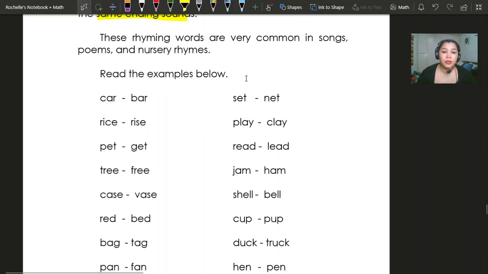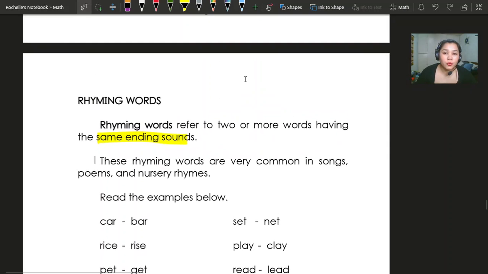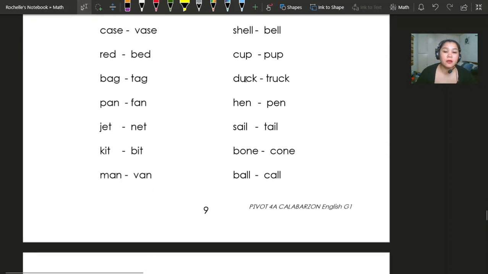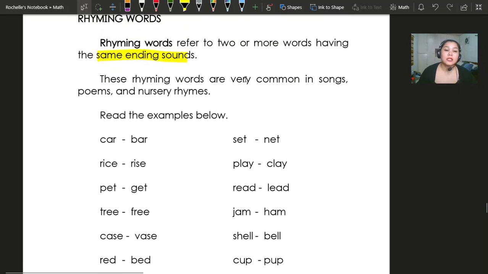I'll try to read them, and then during your free time, try to read again this set of words on page 9 in your LAS. So we have car, bar, rice, rice. So take a look at the spelling.